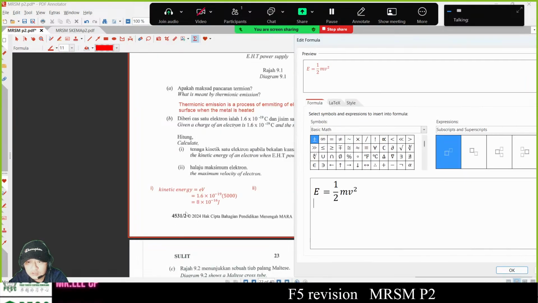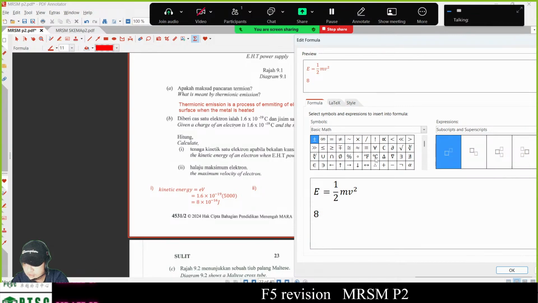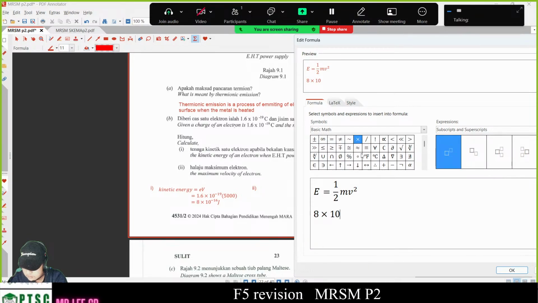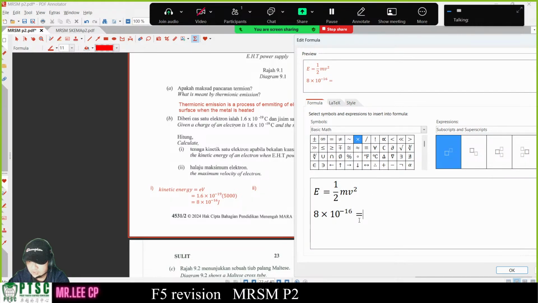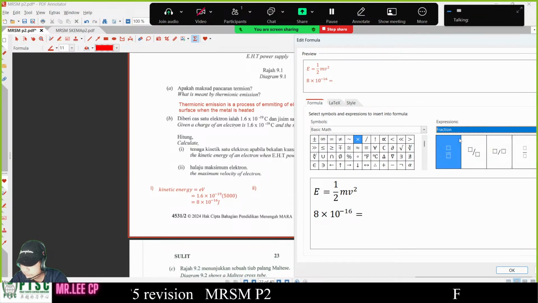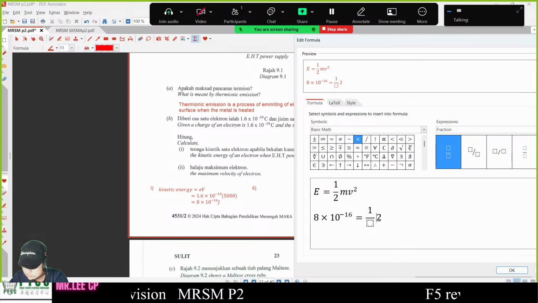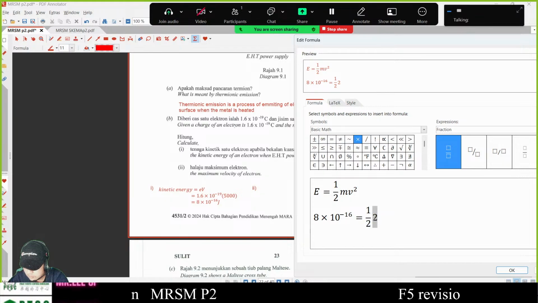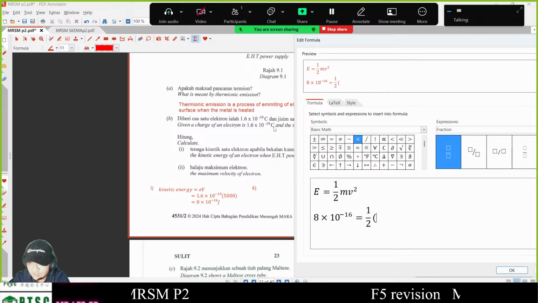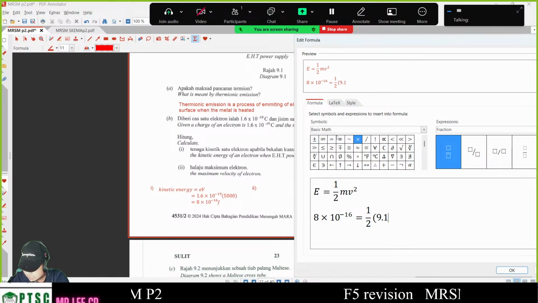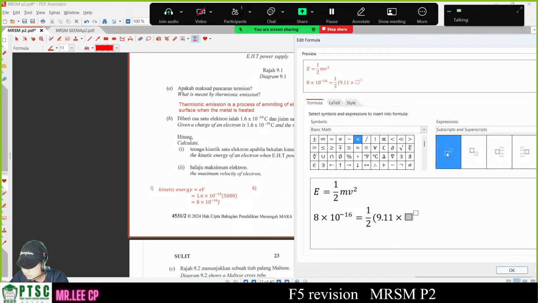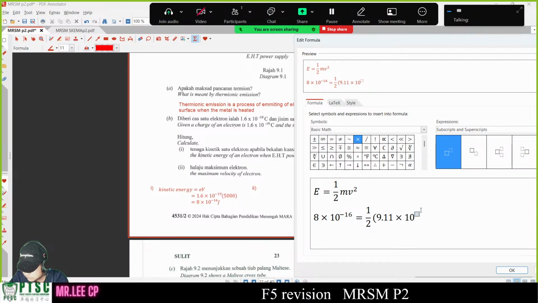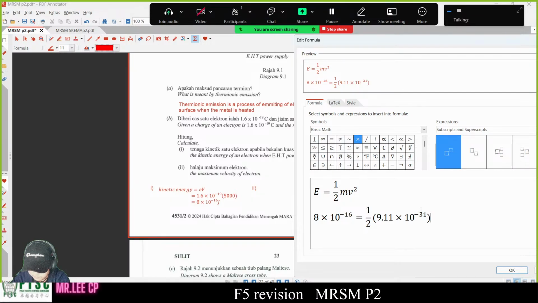We got the energy from here already, so we put in 8 times 10 to the power of negative 16 is equal to half mv square. What is the m? m is 9.11 times 10 to the power of negative 31, like what we put in just now, and then v square.